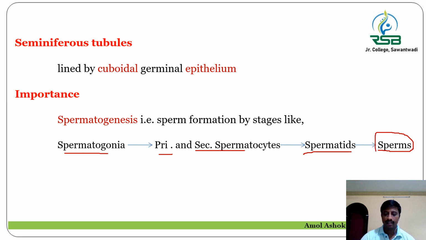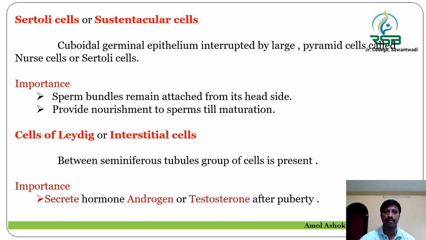Then we come to the next feature in the structure of testis, that is the Sertoli cell, or sustentacular cell, or nurse cell. The cuboidal germinal epithelial cells of the seminiferous tubules are interrupted by large pyramid cells, called the Sertoli cells or sustentacular cells.